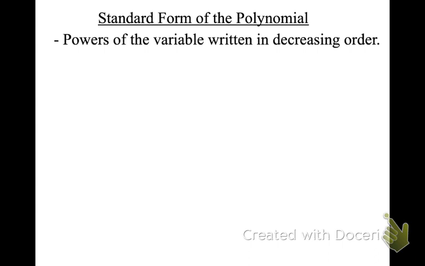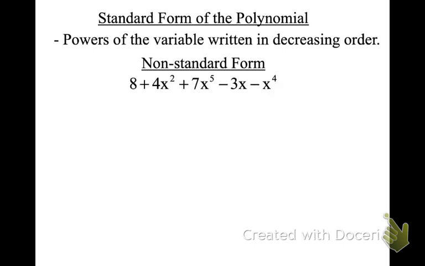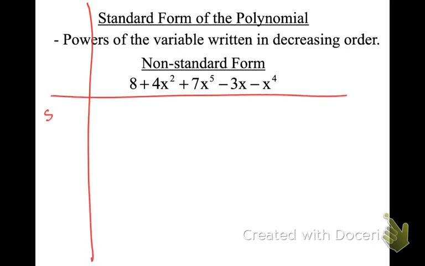Now, we're going to explain this. So, here is a non-standard form example. What I want to show you is how to, right? This is an example of standard form.